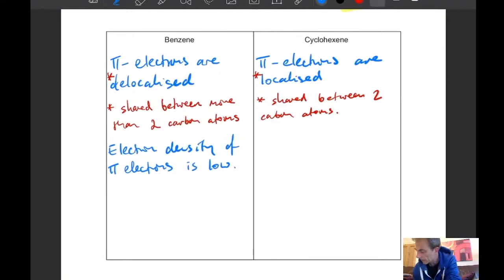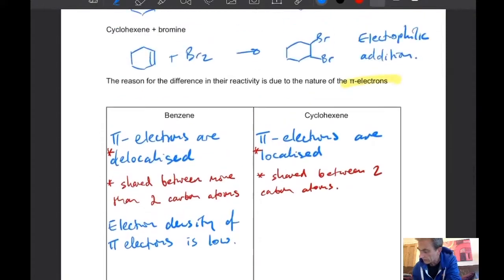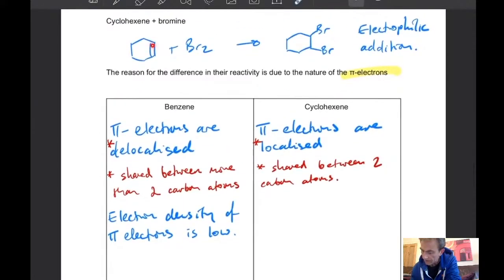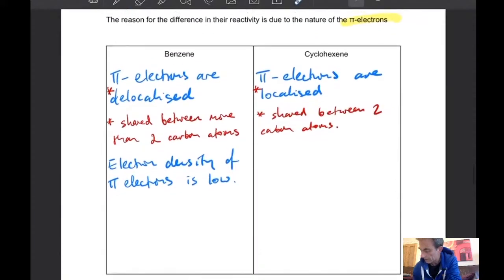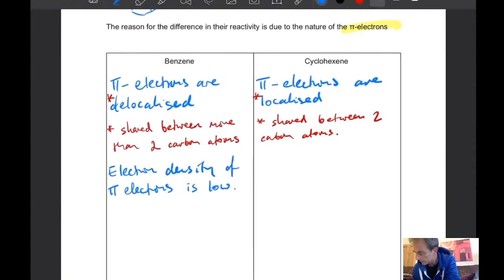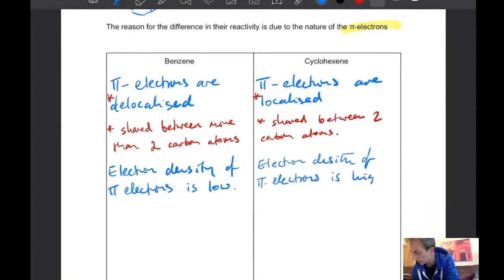Whereas in cyclohexane, the pi electrons are basically concentrated between these 2 carbon atoms, and so their electron density is high. So electron density of the pi electrons is high.